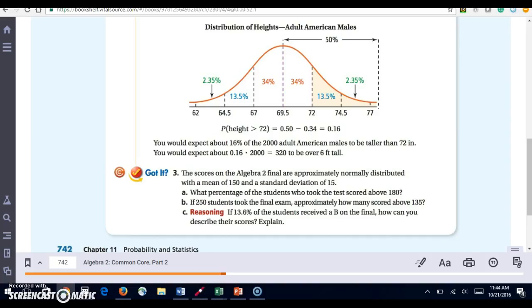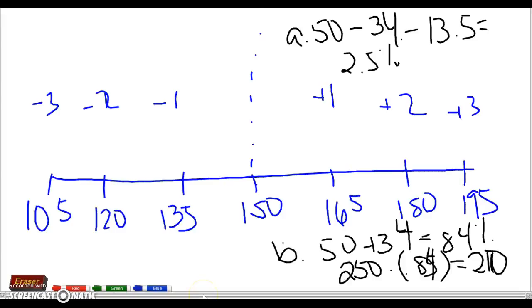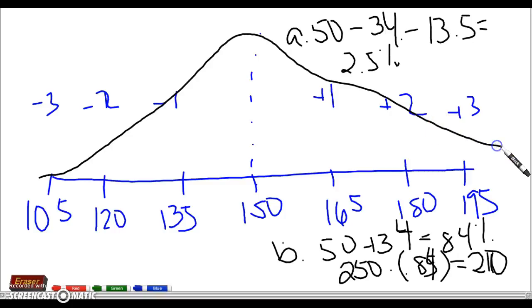Alright. Last but not least, if 13.6% of the students received a B on the final exam, how can you describe their scores? Explain. So going back to my chart, I know that this is between, I'm so sorry.